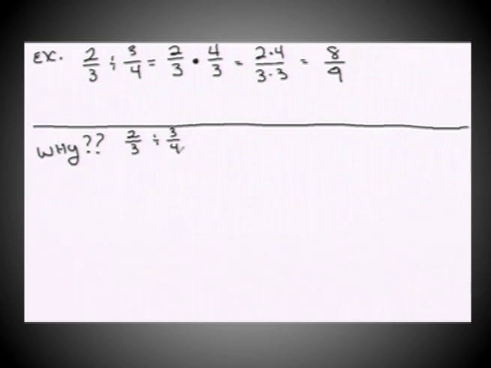I can state this same problem as, instead of calling it 2/3, 2/3 is the same thing as 2 divided by 3. So this is 2 divided by 3, divided by 3 divided by 4. So I'm just going to set up that compound fraction. So we have 2 divided by 3, and then big divided by 3 divided by 4.